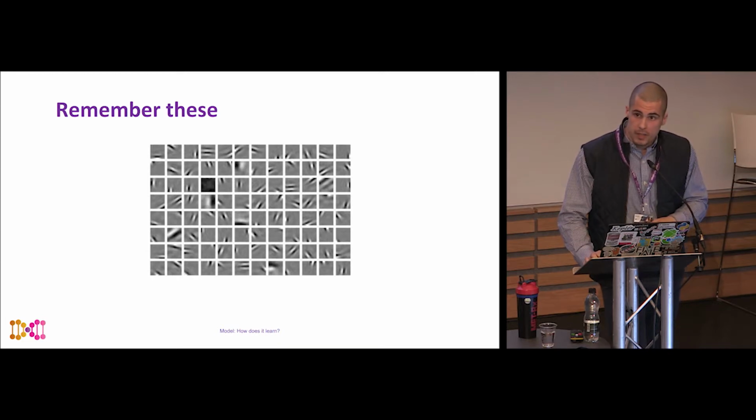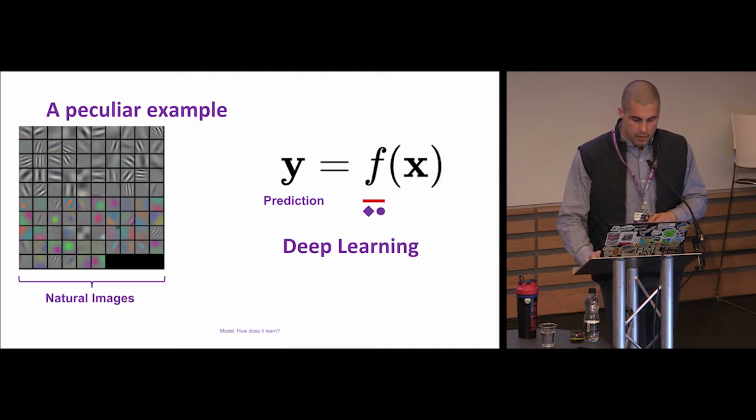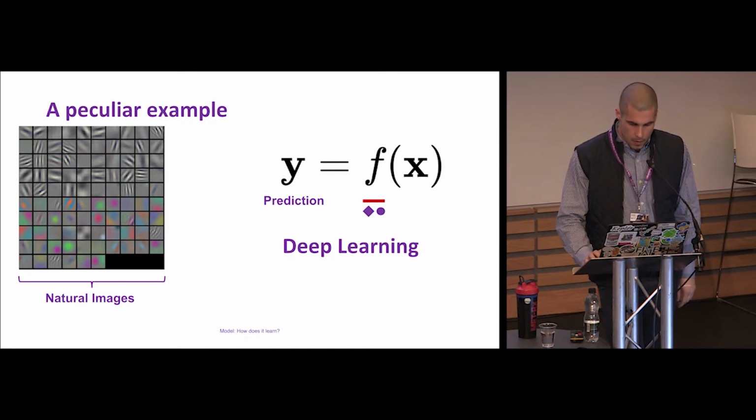So you remember these filters that our convolutional neural network or machine learning model learns? Now let's try to study what these filters are, for example, in medical imaging as well as in other situations. These are, again, the filters learned by our model on natural images on a data set called ImageNet, which is 1,000 categories of all sorts of different objects.